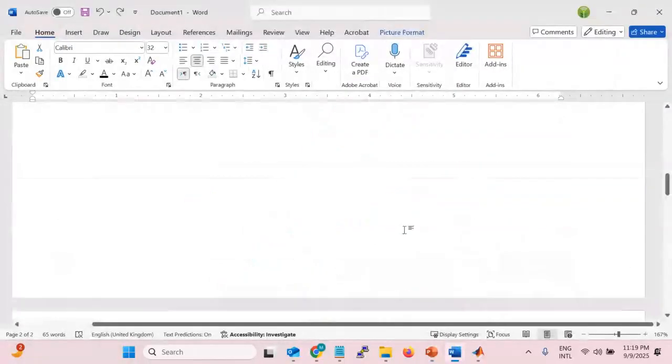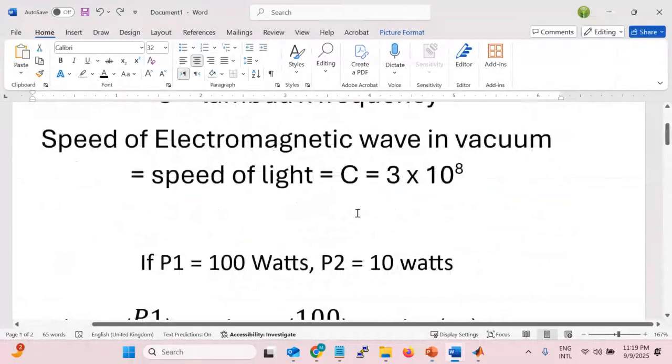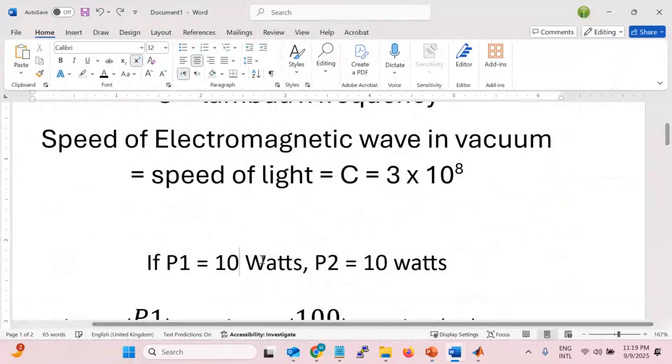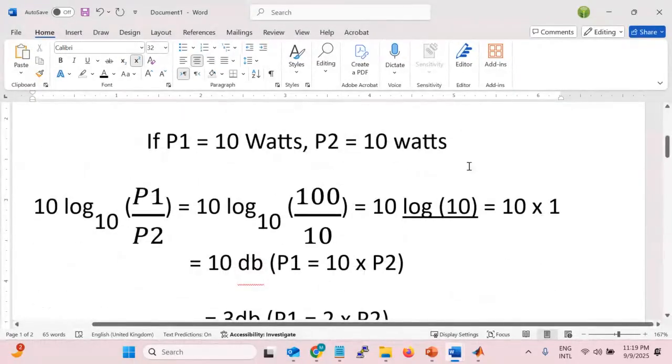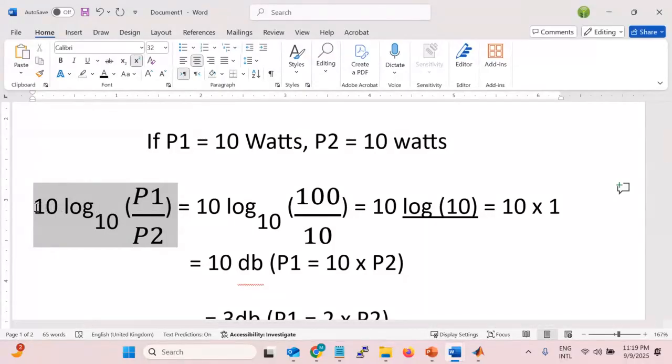If I have power 1 equals 10 watt and power 2 equals 10 watt, then 10 log power 1 divided by power 2. I'm using this equation to get the power value in dB.